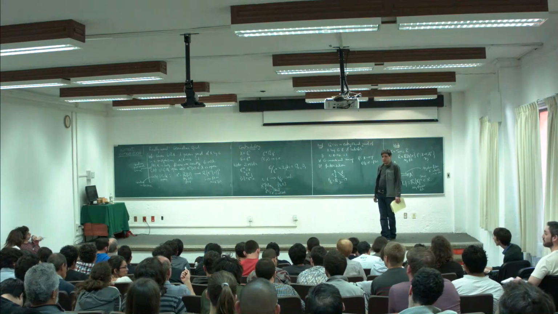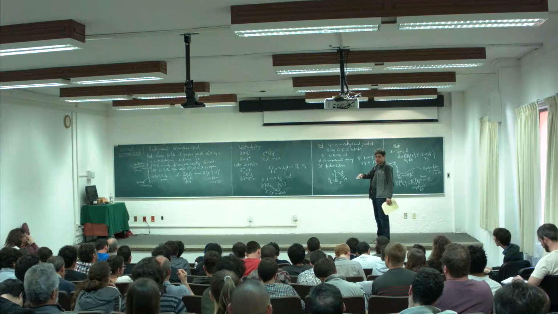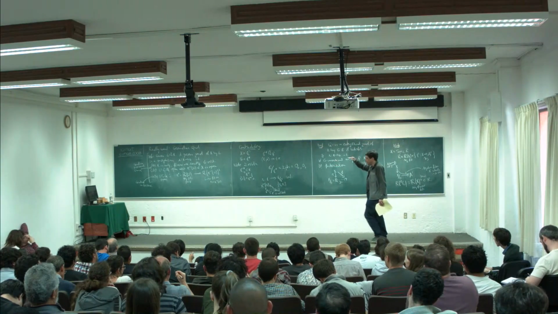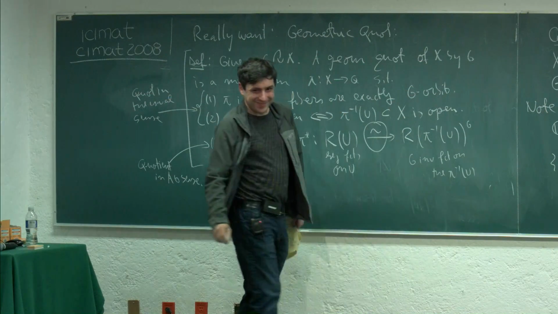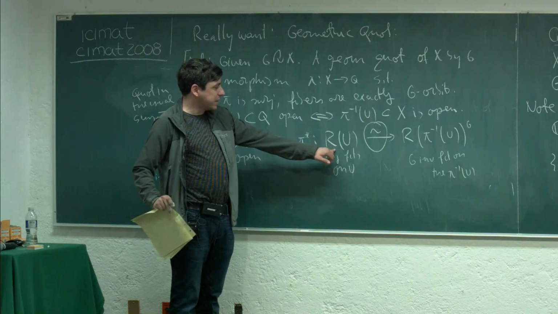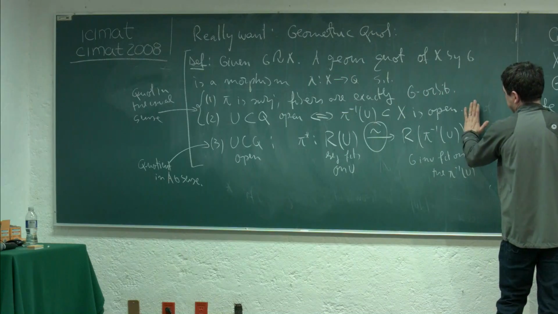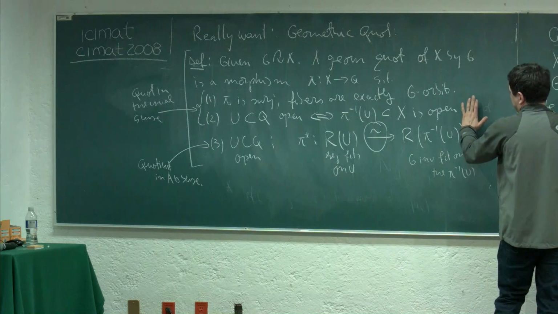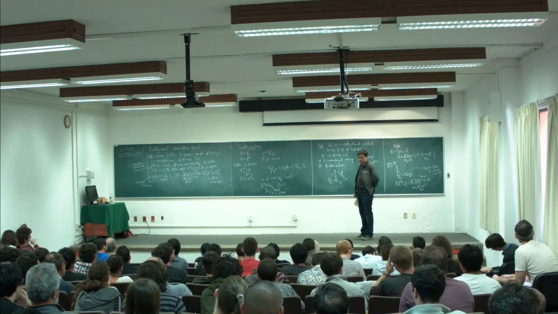So condition 3 is that if I have an open subset downstairs and I take the regular functions, this is an isomorphism. So I always have a pullback. The pullback of a downstairs regular function will give me a regular function upstairs, and clearly this is G invariant, so I have a map to the G invariant functions. The condition is that I get exactly the G invariant functions.